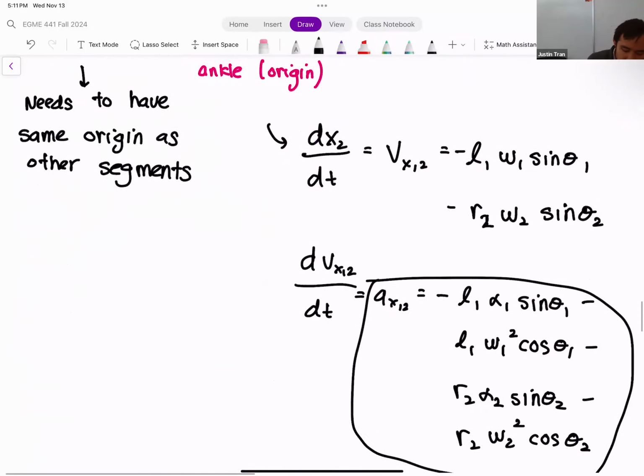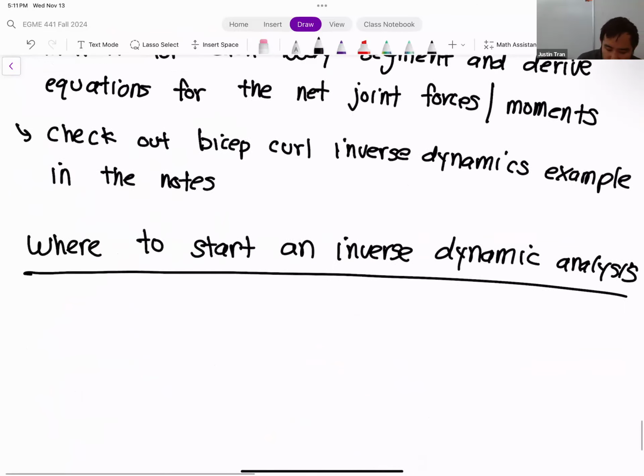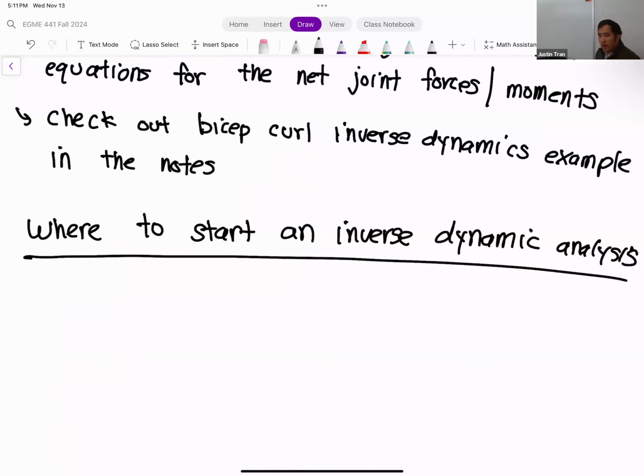So generally, when you're deciding where to start an inverse dynamics analysis, you usually want to start with the body segment where an external force is being applied.